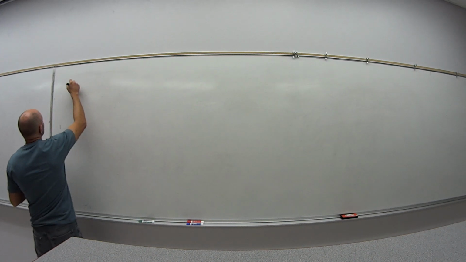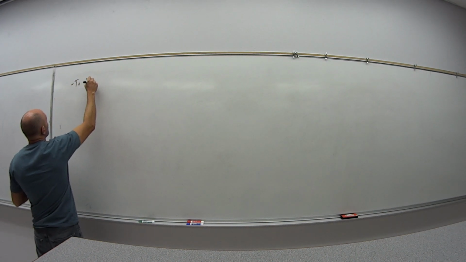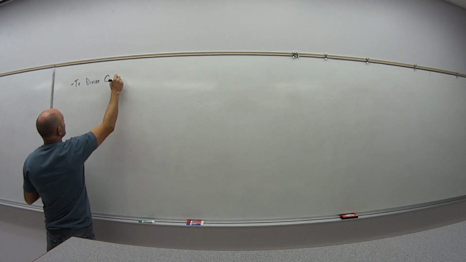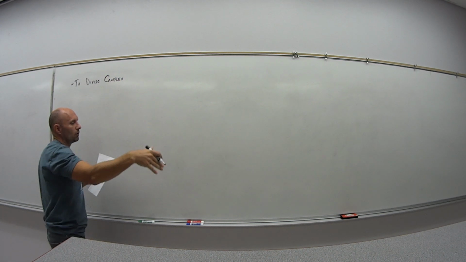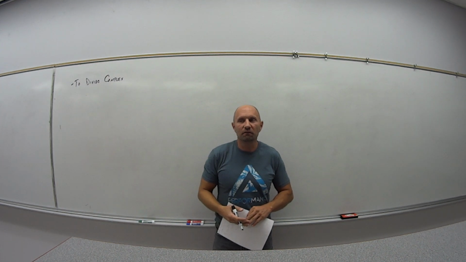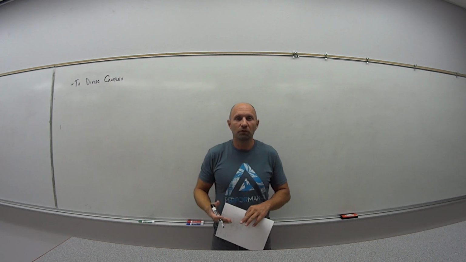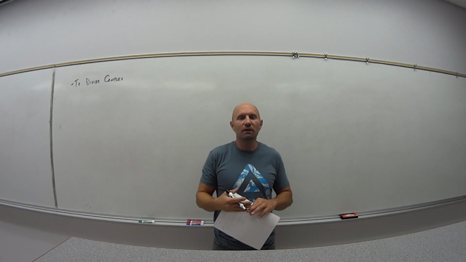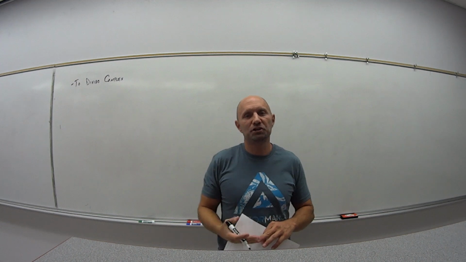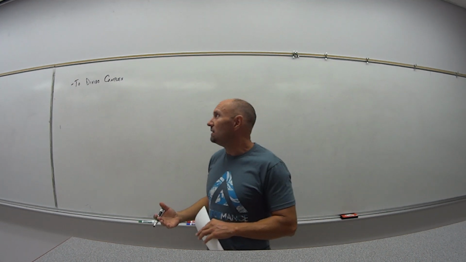And so to divide complex numbers, so I have one complex number over another. It's very similar, if you want to think of this as our radical problems. When we had a radical in the denominator, we didn't like it there, so what did we do? We rationalized. Same idea here.